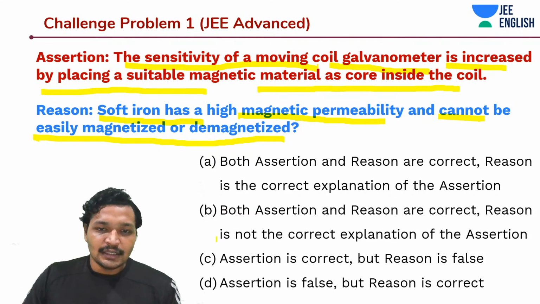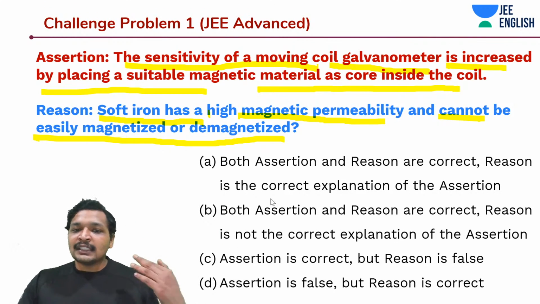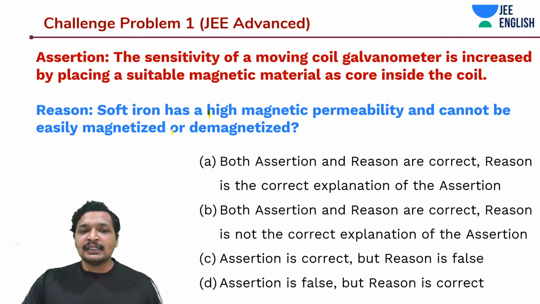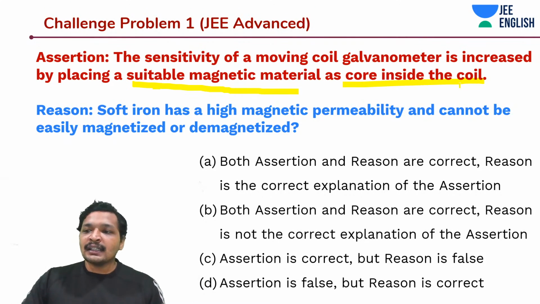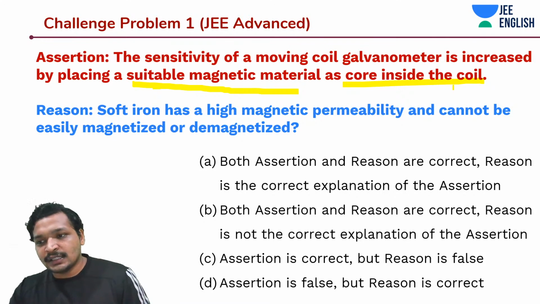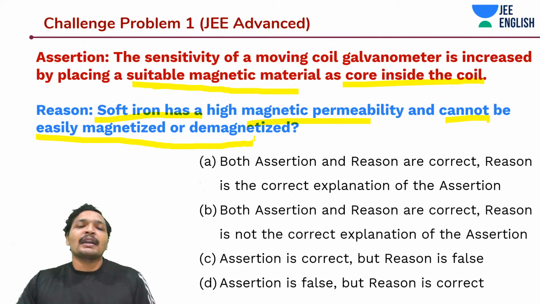Amazing, yes. So your assertion is correct, isn't it? To increase the sensitivity, you are placing that magnetic material so that your fields are enhanced, you get the radial direction and everything works accordingly. And is it true that the soft iron core has high magnetic permeability and cannot be easily magnetized or demagnetized?